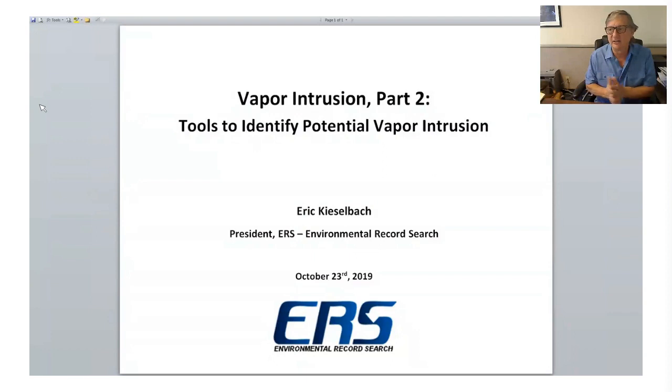So, like I said earlier, this is part 2 of vapor intrusion. In part 1, we showed you why you need to do vapor intrusion, even though ASTM standards and all appropriate inquiry, by the EPA, does not exactly point out you need to do vapor intrusion.